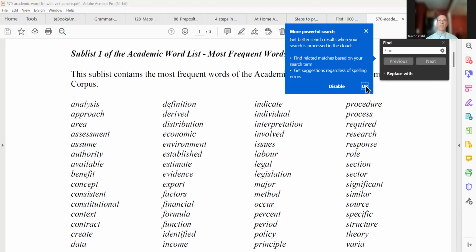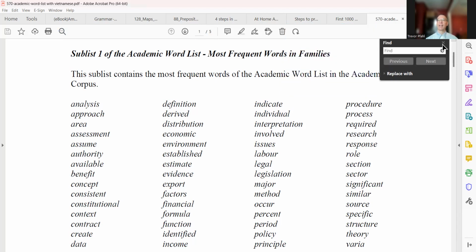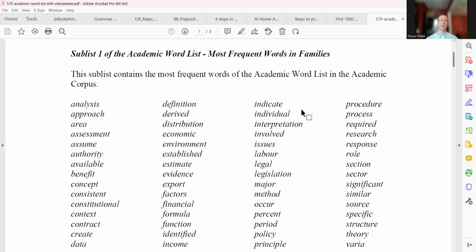What the researchers did is they identified 10 different areas in university, so math, science, humanities like sociology, psychology, chemistry, biology, history. They looked at all of the textbooks and then they brought together the most common root words, so the base words, into a list and came up with 570.